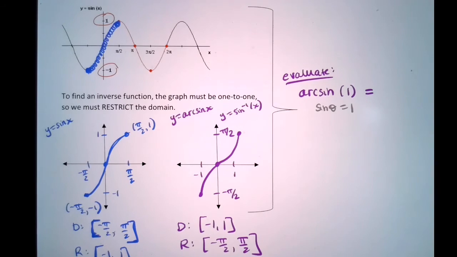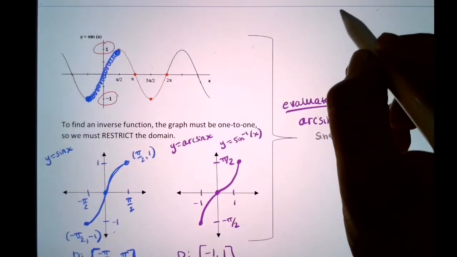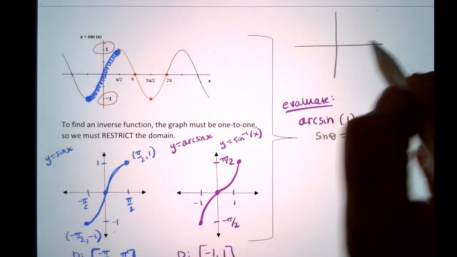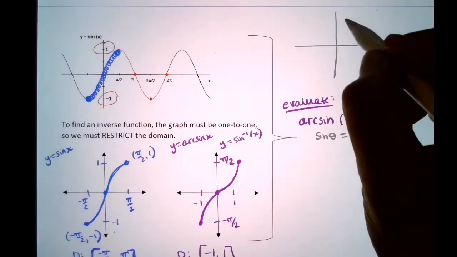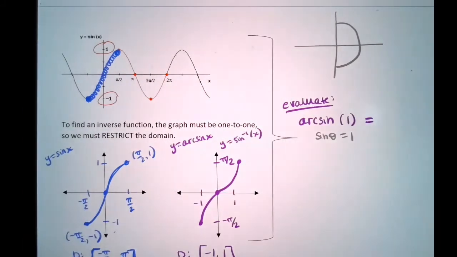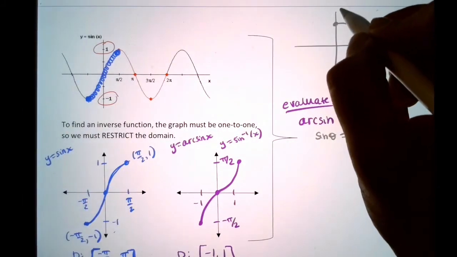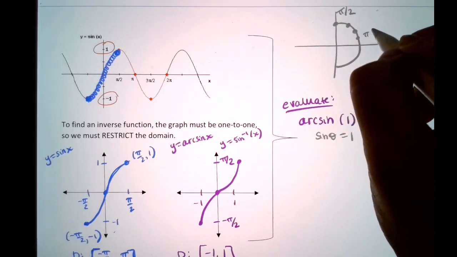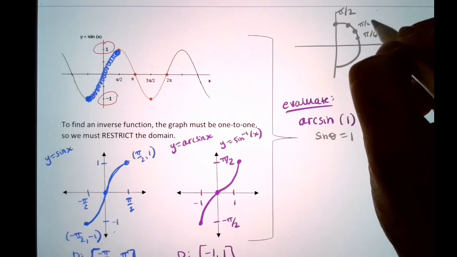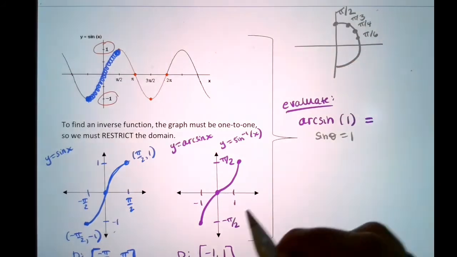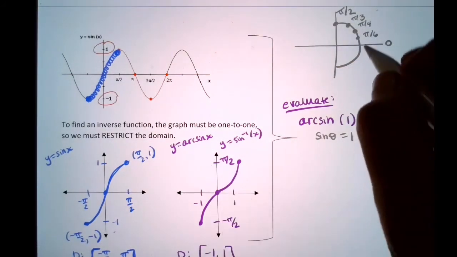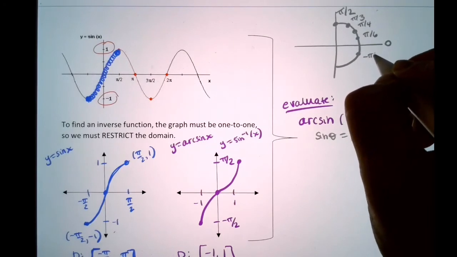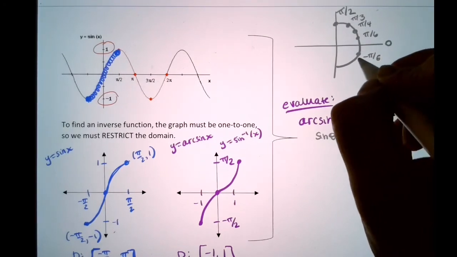So going back again to the unit circle, what that means for me is instead of looking at the top half of the unit circle, I look at the right half, where this is pi over 2 that you're used to. Here are your special angles. There's 0, of course. Here's your negative angles. We kind of just label these in the negative direction.